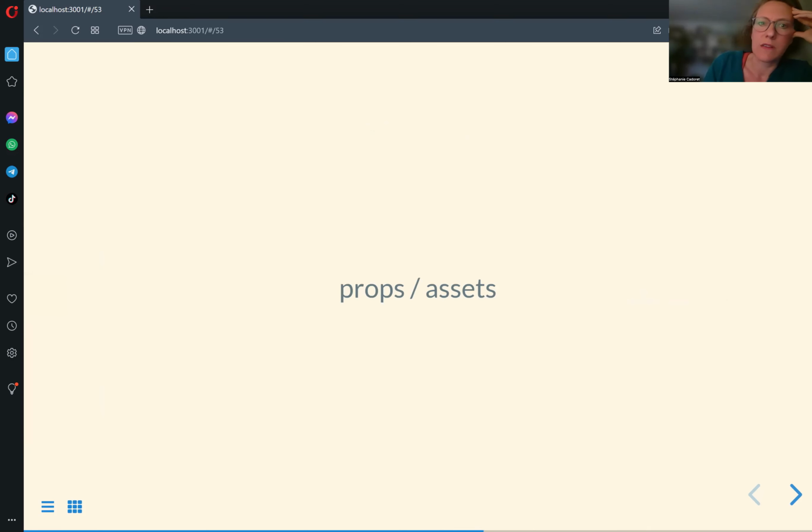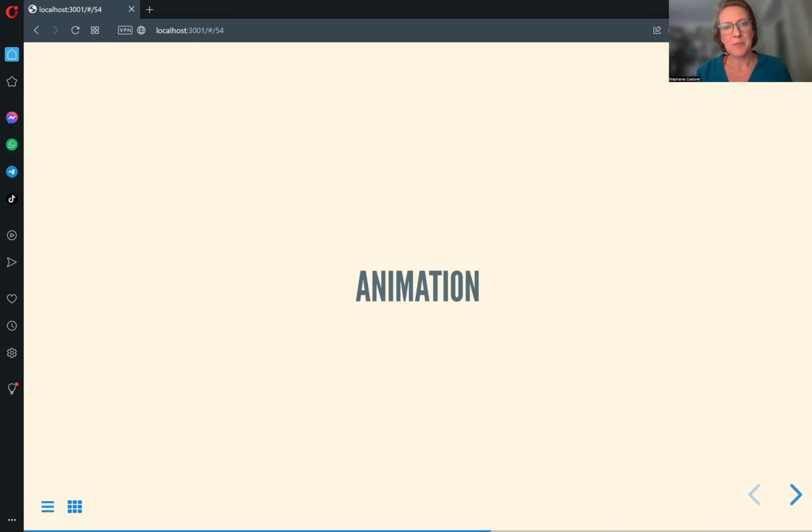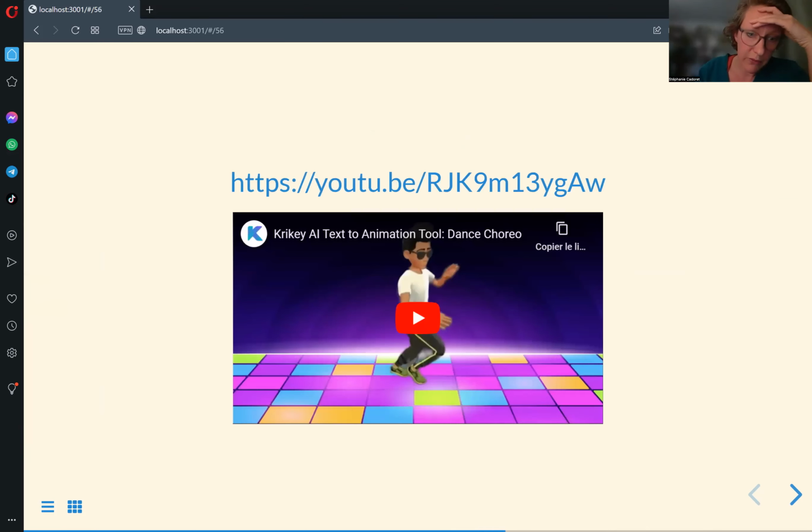NVIDIA started developing them, and props and assets can probably be treated in the same way, going back and forth between human and AI. What about animation? So, animation conception: right now, we don't have very convincing stuff. There are a lot of studies around movement generation.